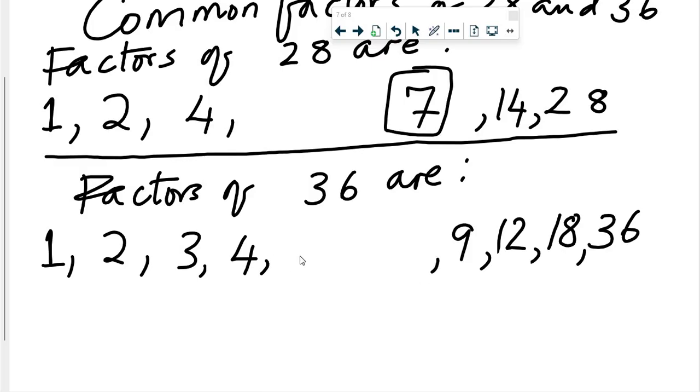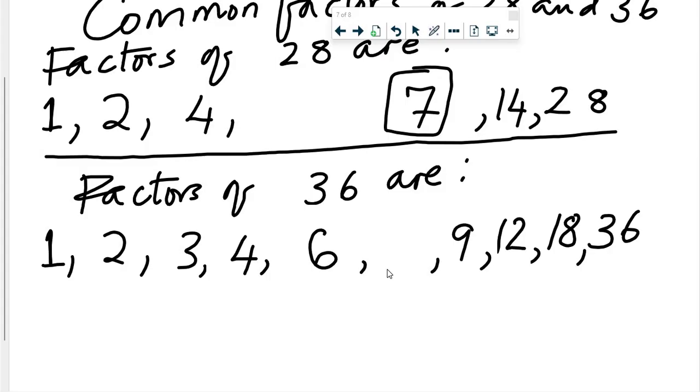Then you go to 5. 36 divided by 5, not possible. Go to 6. 36 divided by 6 is 6. Go to 7. 36 divided by 7, not possible. Go to 8. 36 divided by 8, is it possible?